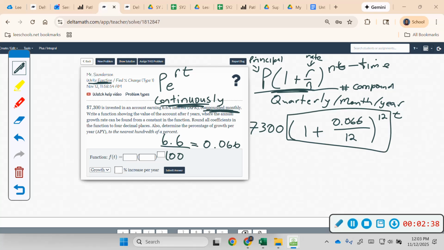Now I'm going to put this in my calculator. All that I put in the box, I'm putting in the calculator, and the exponent, that's the t, I'm also going to bring down.